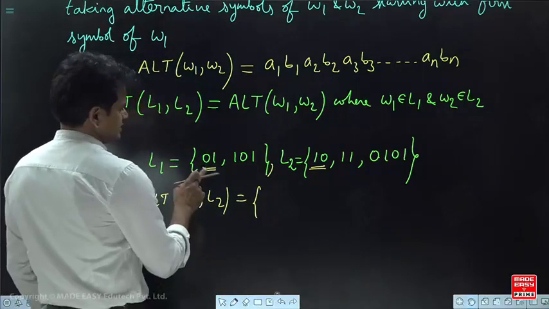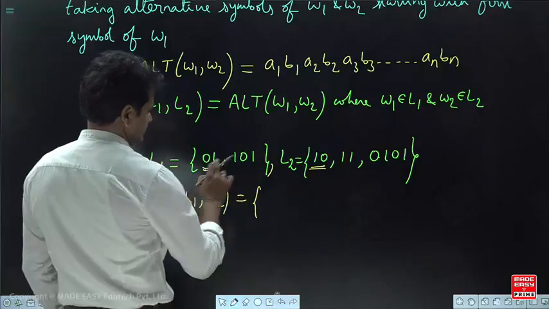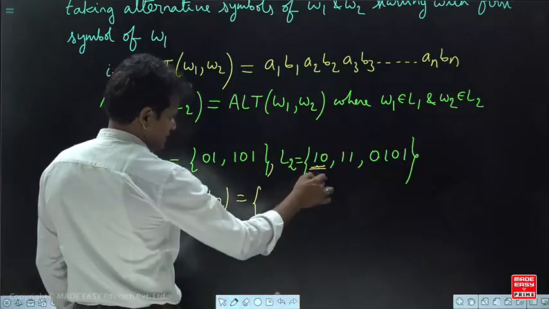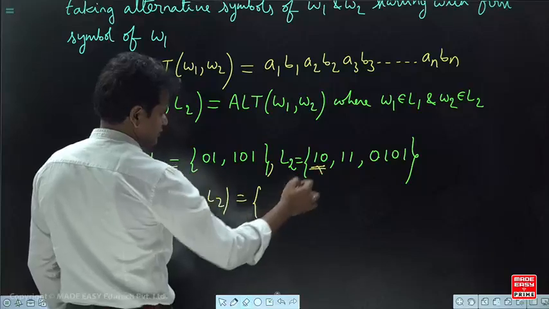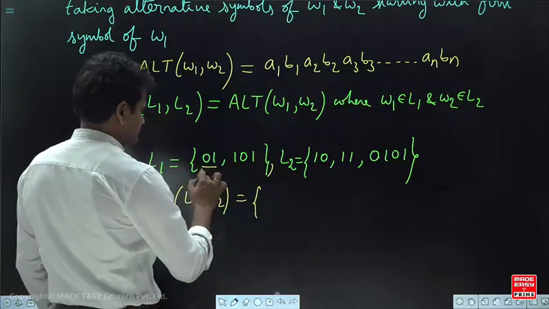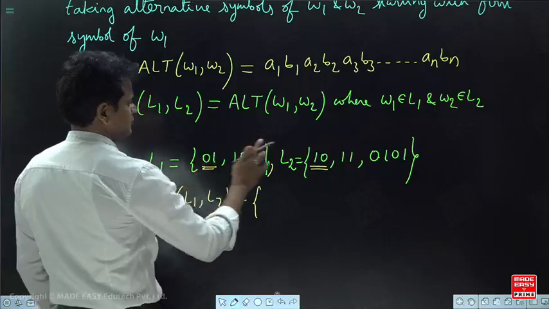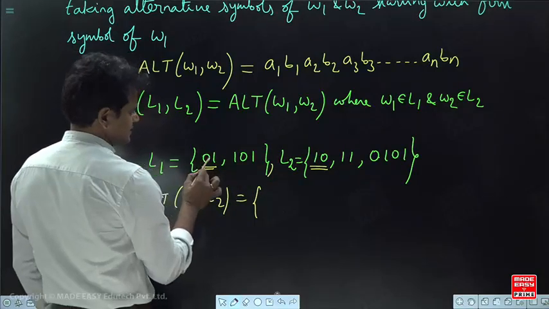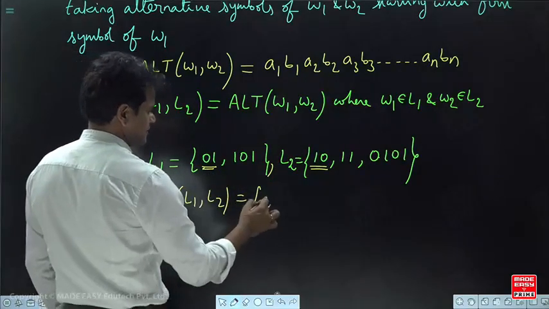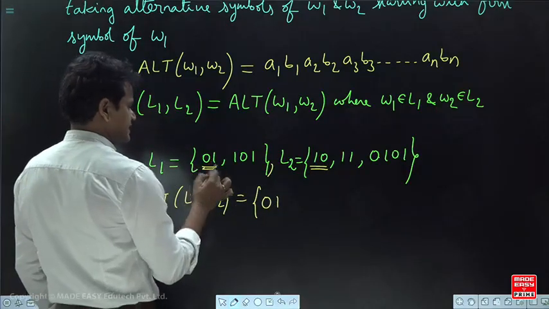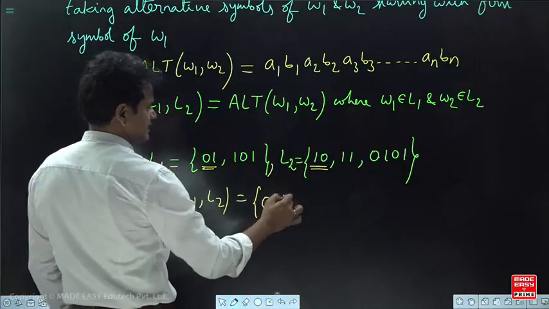So take a string of length 2, the first string, and here also whatever strings of length 2 you take. Here length 2, here also length 2. Take this 0 followed by this first: in this string first symbol 0, in this string first symbol 1, in this string second symbol, in this string second symbol.